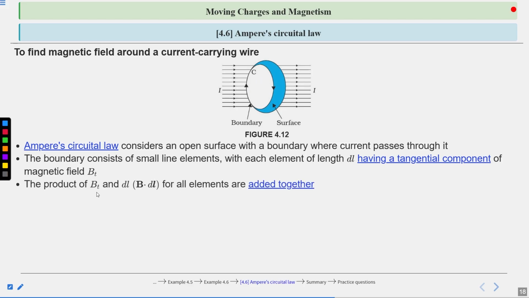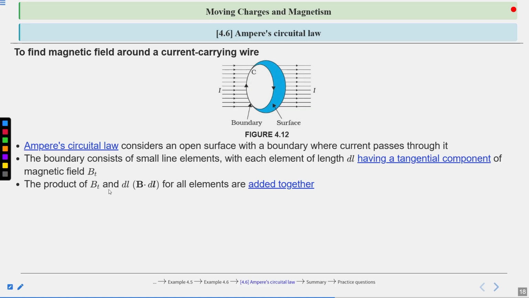The product of B_t and dl, this is the Ampere's circuital law. It has no derivation. It is a law given by experimental results. So you have to accept it like that.